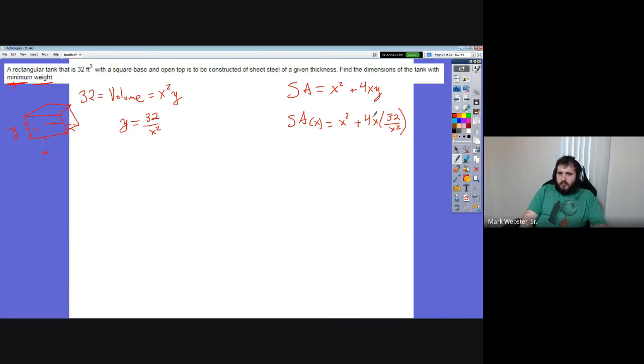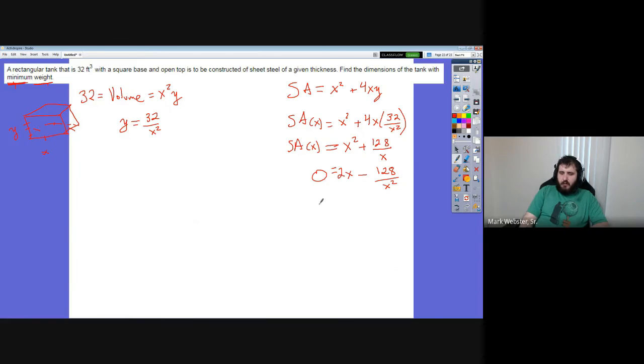And we're going to simplify this, make it easier to work with. x squared plus 32 times 4 is 128 x over x squared, we're just left with an x in the bottom. Now we're going to take the derivative and set it equal to 0. And then 128 over x, the derivative of that is negative 128 over x squared.